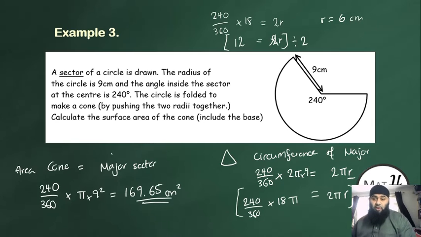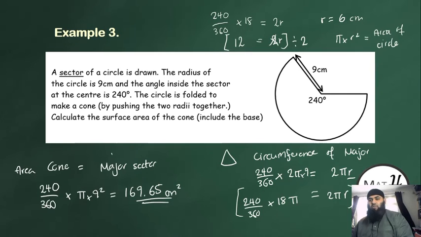So for me to now find the area of the base of the cone is quite simple. It is pi r squared, the area of the circle. All I'm going to do is substitute r into there.